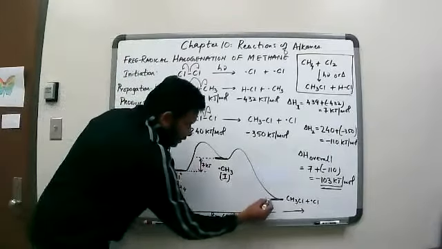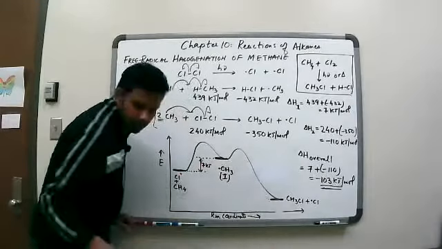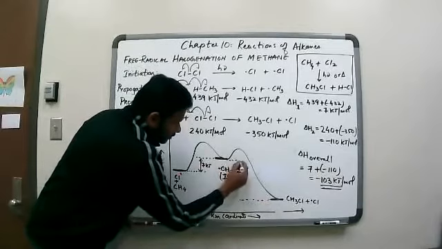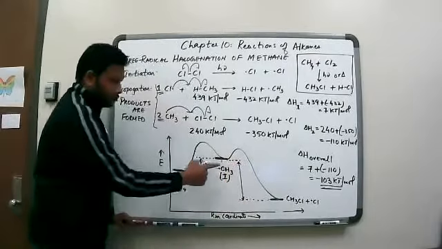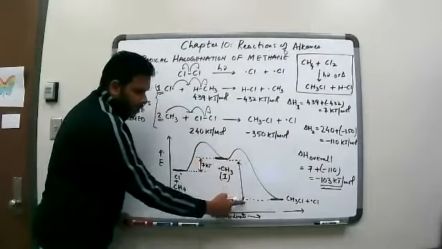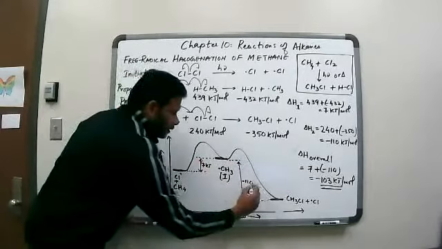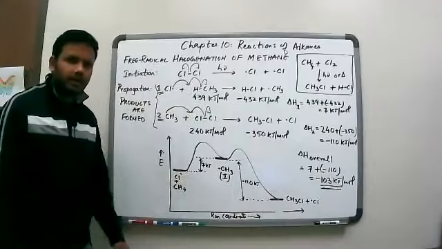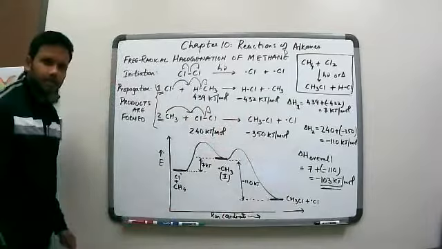Okay, and then again, this difference here between the intermediate and the product, this is negative 110 kilojoules. Okay, that's the negative 110 because that's the delta H for the second propagation step.